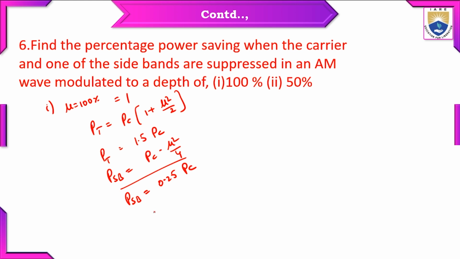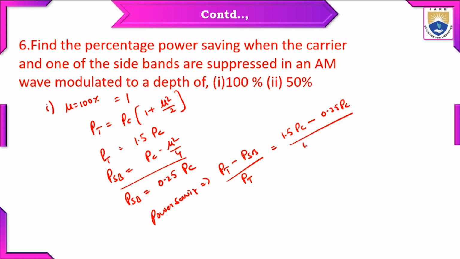Now power saving. The formula is PT minus PSB divided by PT. Here PT is 1.5 PC minus PSB 0.25 PC divided by 1.5 PC.